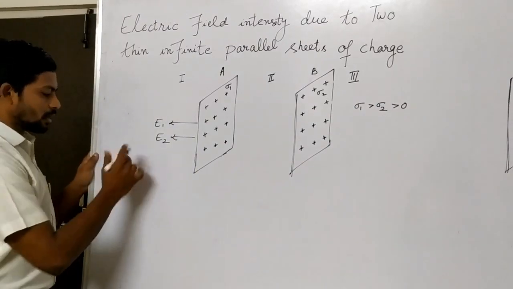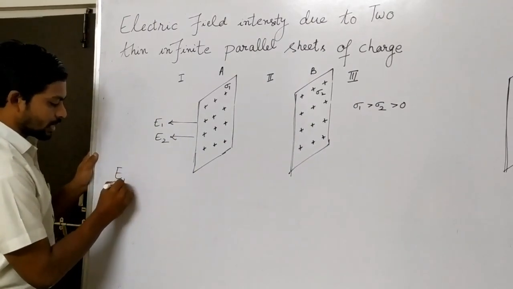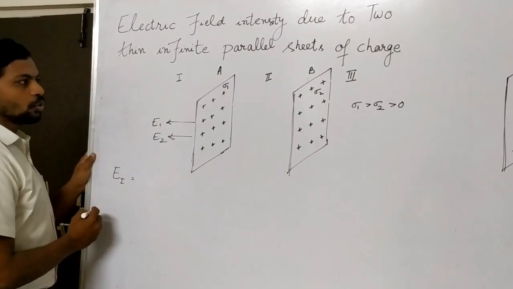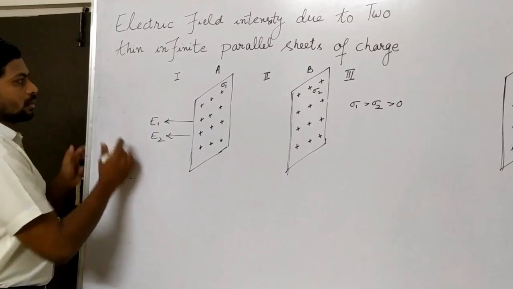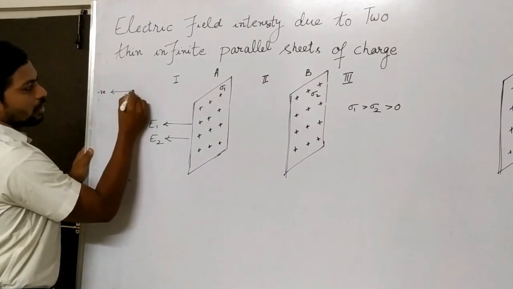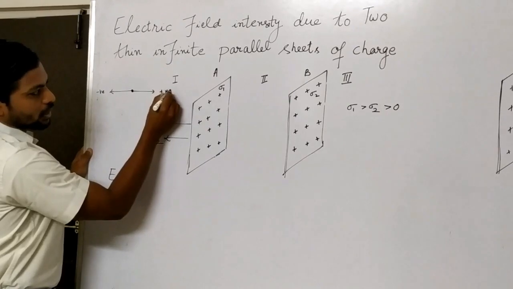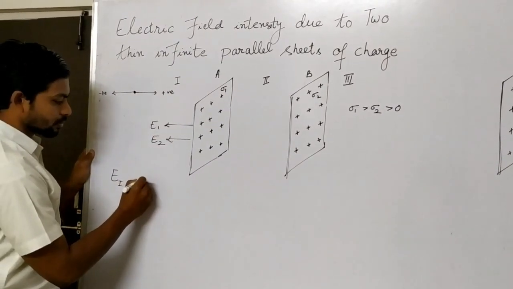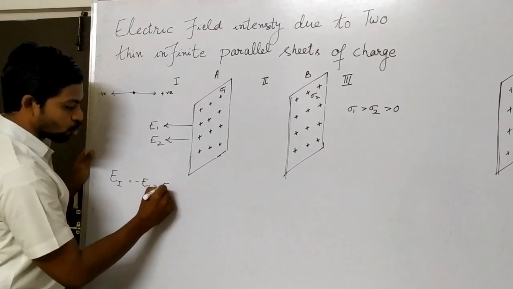To calculate the electric field intensity in region 1, we will consider left side as negative and right side as positive. Both are acting to the left, so it will be minus E1 minus E2.